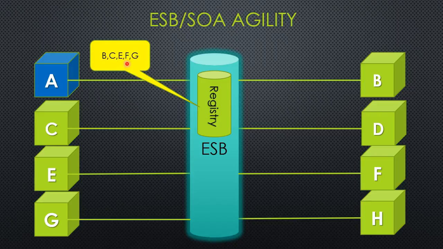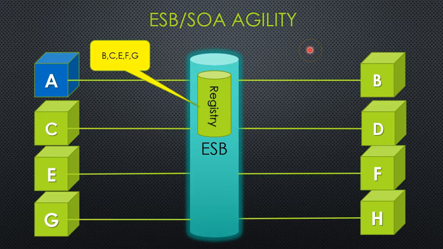Maybe it's a logging application, or maybe it's some sort of monitor or dashboard collector, and then go to G. So now the same event, in just moments after I save this, that event happens and it goes first to B, then to C, then to E, then to F, which it wasn't going to before, but still F knows where to get its data, where to put its data, and then to G before coming back.